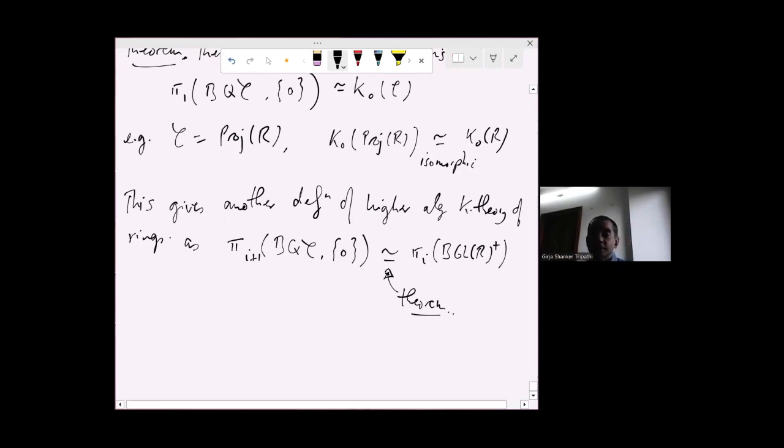So the theorem looks actually like this, and here I has to be at least one or more. So the theorem is like this: there is a homotopy equivalence.